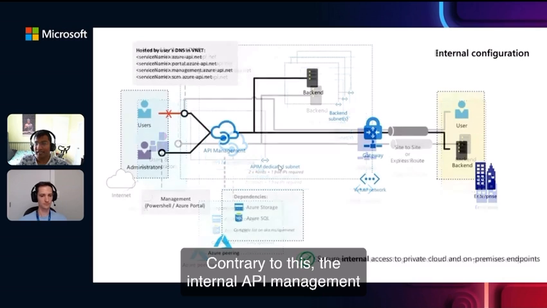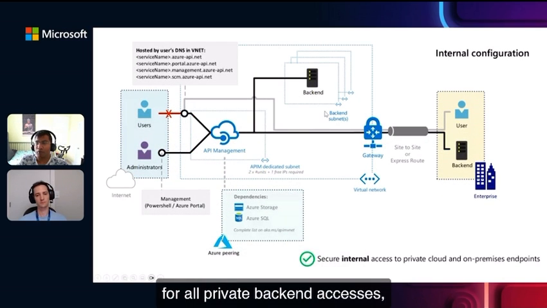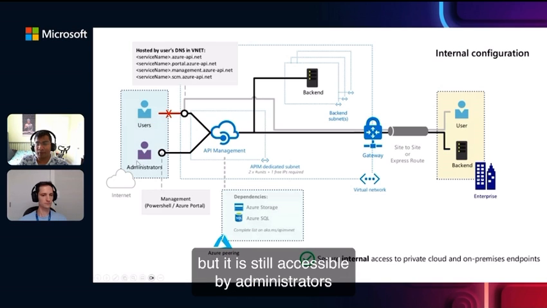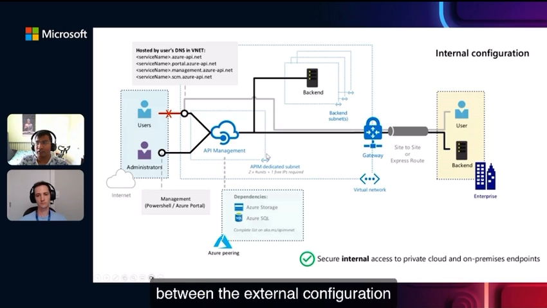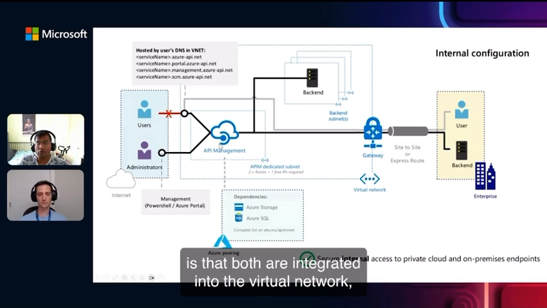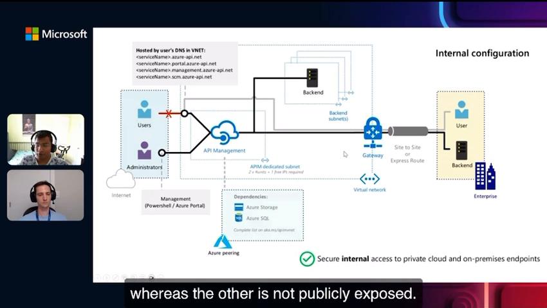Contrary to this, the internal API management is still integrated into a virtual network for all private backend access, but it is not publicly available for API consumption by users, though it is still accessible by administrators for administrative tasks. So the fundamental difference between the external and internal configurations is that both are integrated into the virtual network, but one is publicly exposed for API consumption, whereas the other is not.